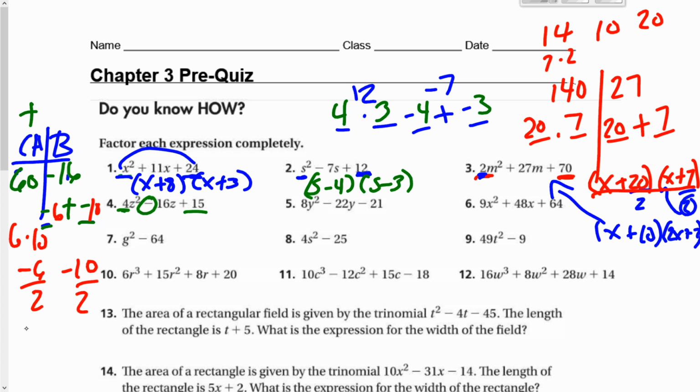So this is negative 3, oh, I'm dividing by 4, sorry, not by 2. So I can reduce those fractions. I'm dividing by 4, my a, and this becomes negative 3 halves, and this becomes negative 5 halves.